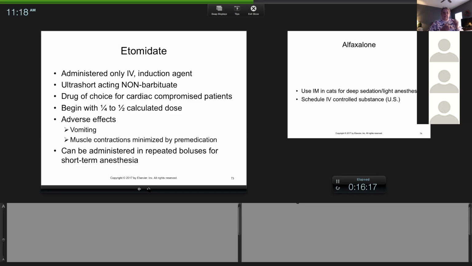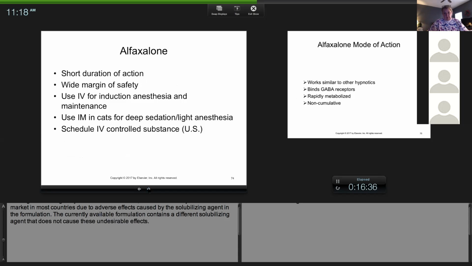So again, on a test, think about the things that I tell you are key about this. I've only used this a few times. I don't like the recoveries with it, but if I do have a heart patient, and sometimes patients that have heart disease have to have surgery, that would be the drug of choice.